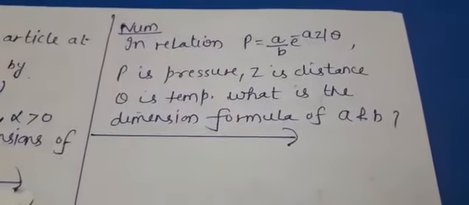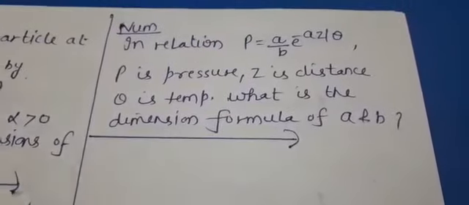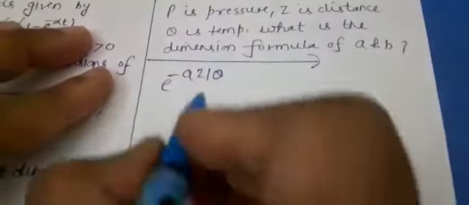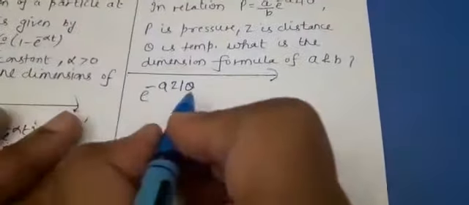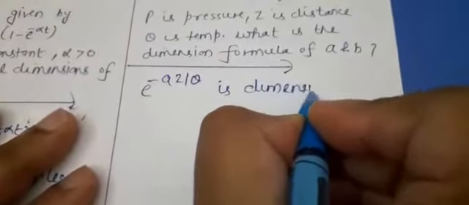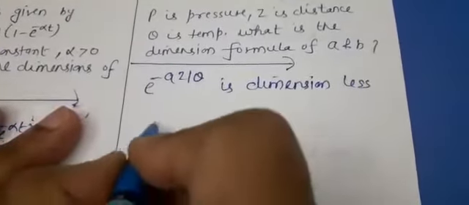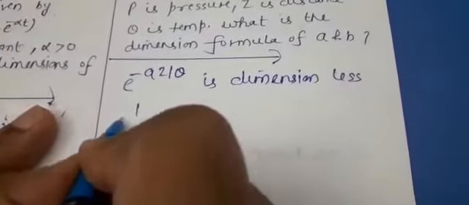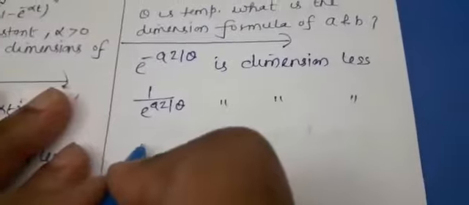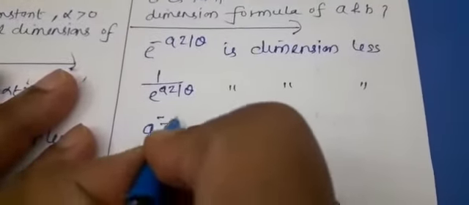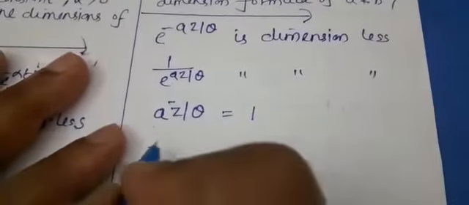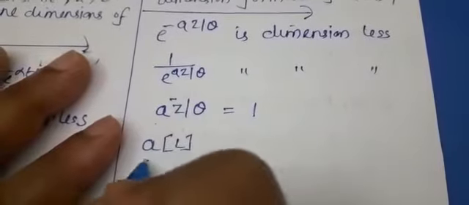As we have done in the previous numerical, an exponential function is used here, and as we know, an exponential function is dimensionless. So e raised to the power minus AZ upon theta is dimensionless. When it is dimensionless, its power, AZ upon theta, must also be dimensionless. A is unknown, Z is distance, theta is temperature.